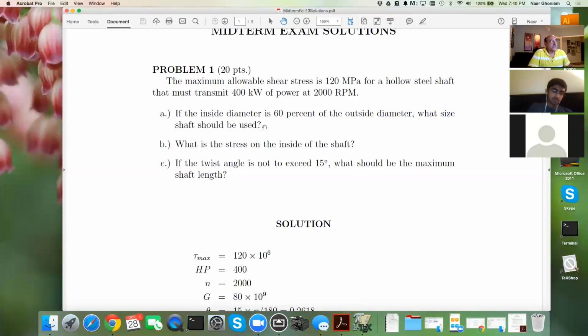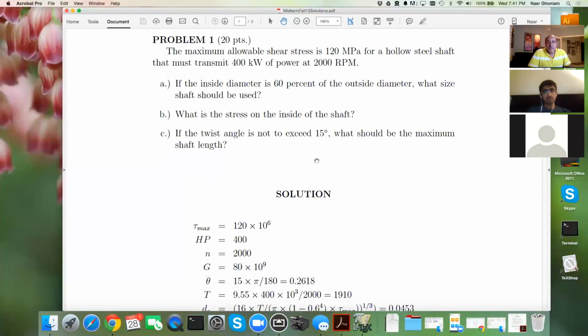It says that the inside diameter is 60% of the outside diameter. So once we know this relationship, the allowable shear stress and the torque, which we get from the power and the RPM, we should be able to determine the dimensions. And that's the solution here.